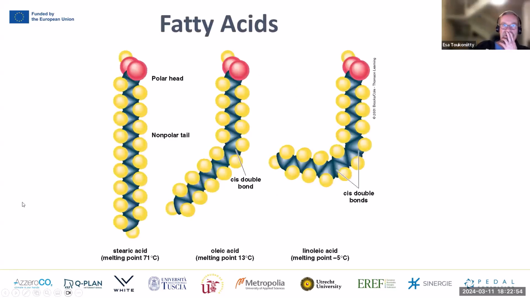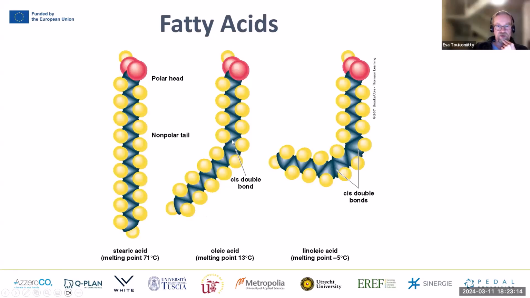This illustrates the difference in the geometry that I mentioned. So this is just the fatty acid, carboxylic acid part. When it's saturated, it doesn't have any double bonds, so it's this quite linear structure.